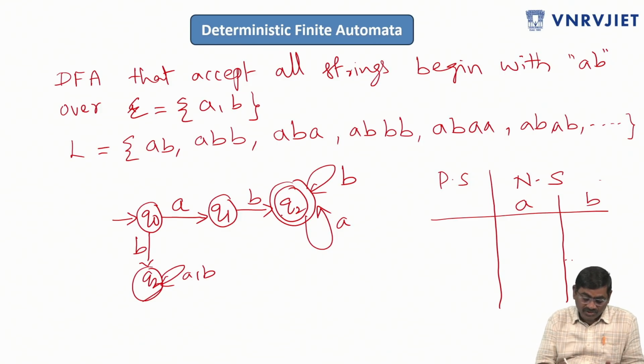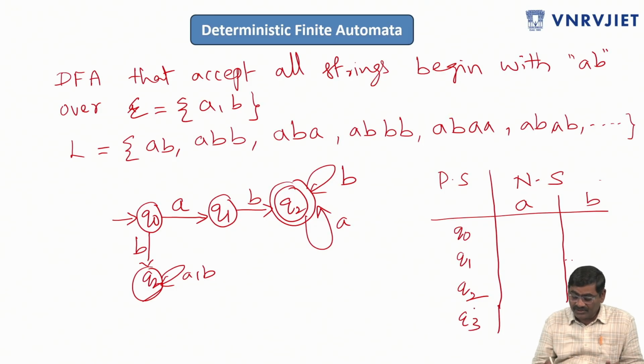This is Q3 because Q2 has already been used. Now I am going to use the states Q0, Q1, Q2 and Q3. We represent the initial state with an arrow mark, and the final state with a round circle.